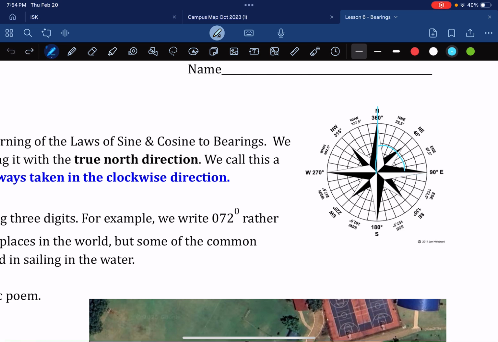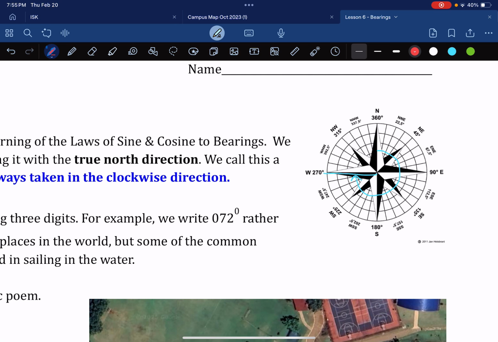If I wanted to measure to south, I would go starting from north all the way to south, which would be a 180 degree bearing. Similarly, if I wanted to find west, that's going to go from north all the way around three quarters of the circle, and that would get me to 270 degrees. So we're always starting our bearings from north.